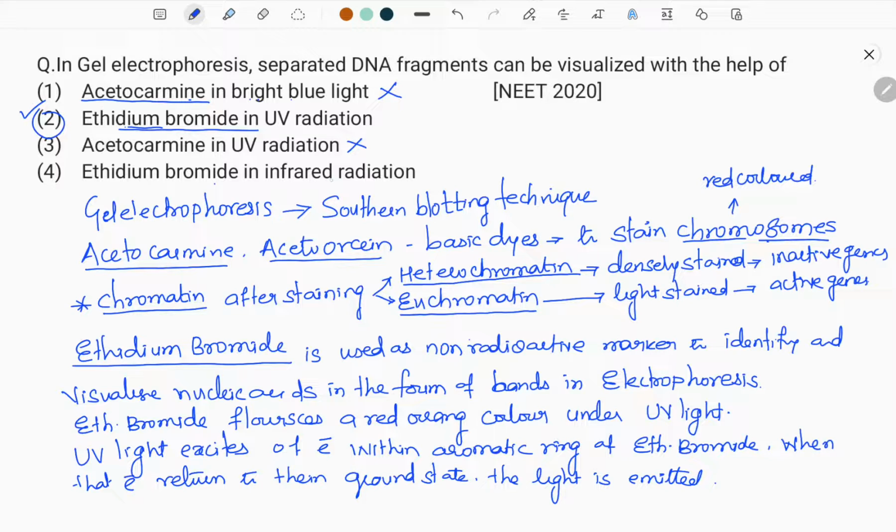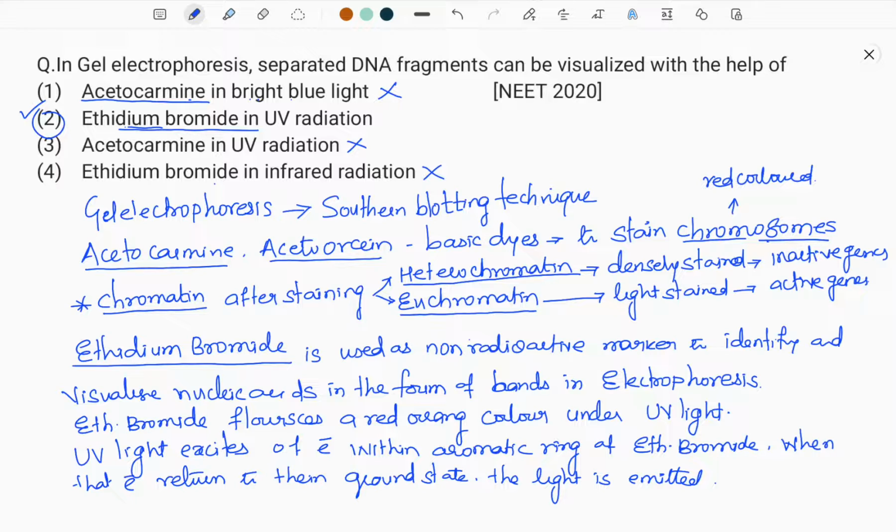Ethidium bromide with IR radiation is also wrong. So the words are jumbled here in the options given in this question.